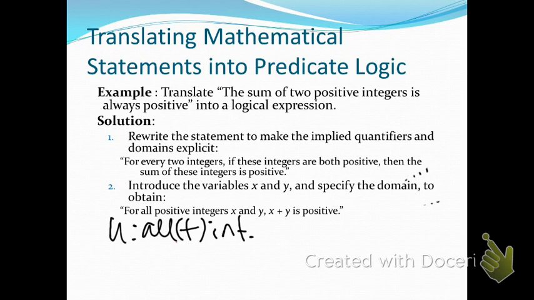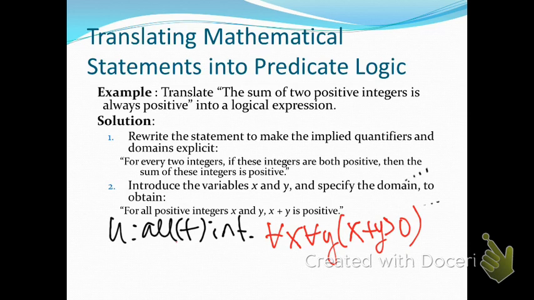If I already make my universe all positive integers, this will simplify my statement to for all x, for all y, x plus y is greater than 0. Okay? So keep in mind, there's not a unique way to do it, but it's all based on how we have chosen our universe.